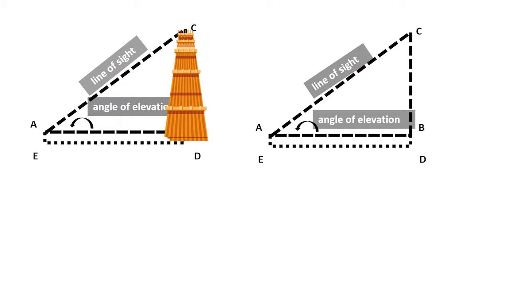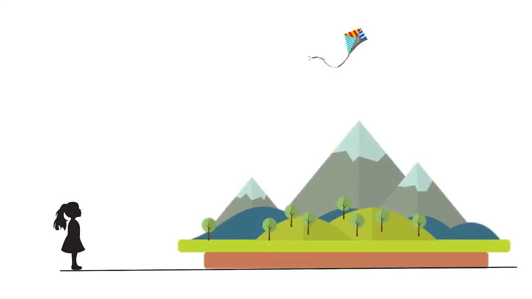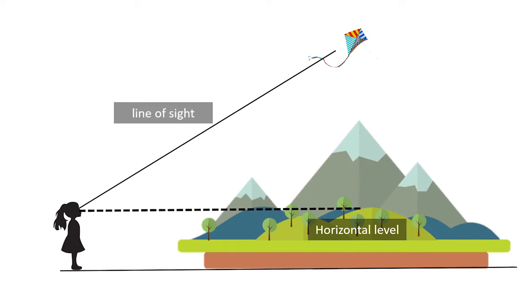As a result, the line of sight is a line drawn from an observer's eye to a point on the object being observed. When the point being viewed is above the horizontal level, that is, when we elevate our head to look at the object, the angle created by the line of sight with the horizontal is called the angle of elevation of the point viewed.